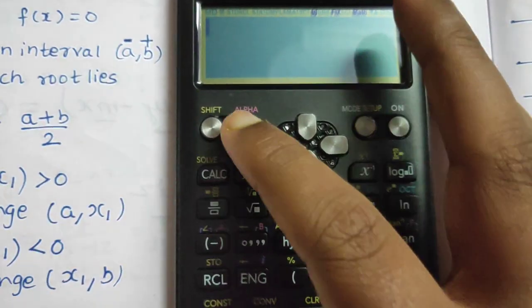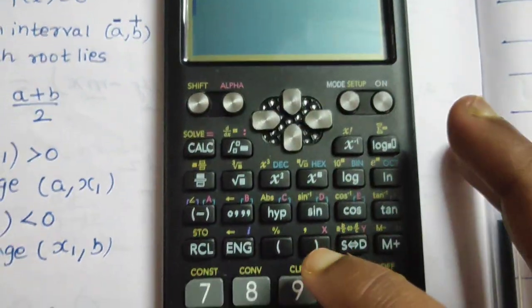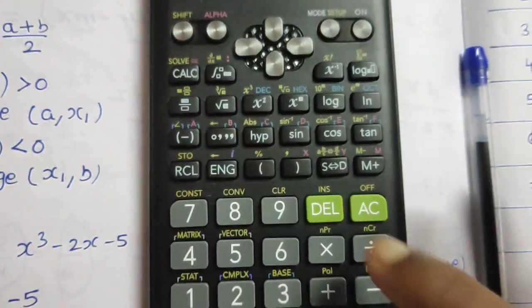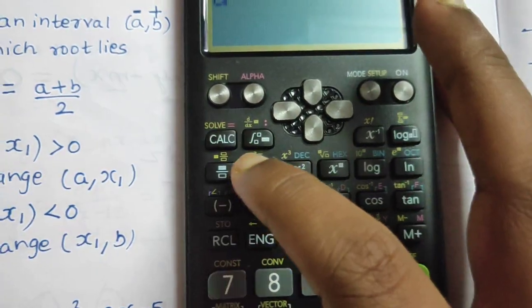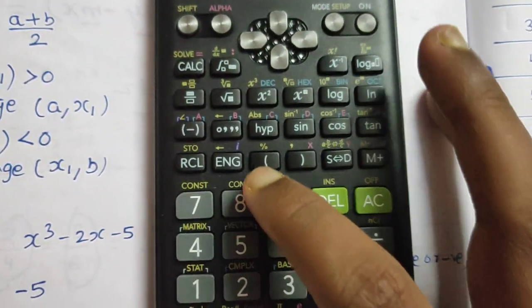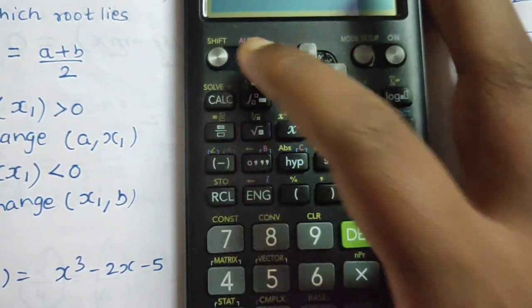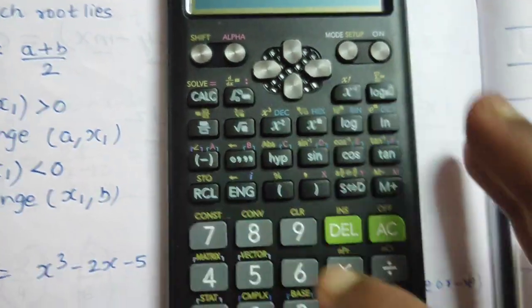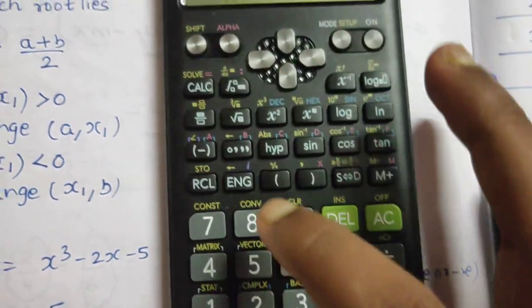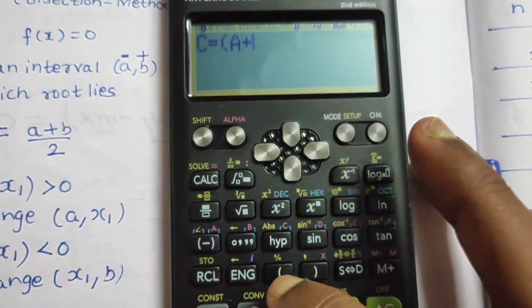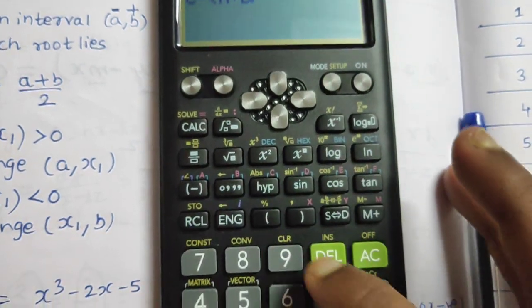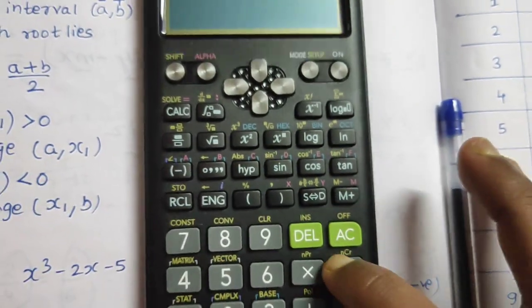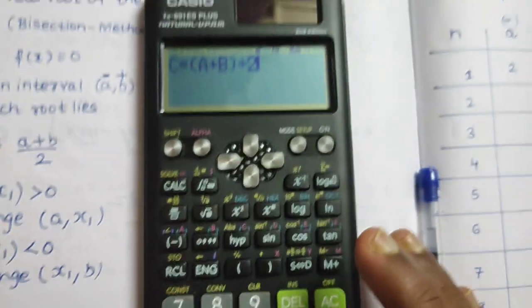So first I am doing C equals to A plus B divided by 2. It should be there.